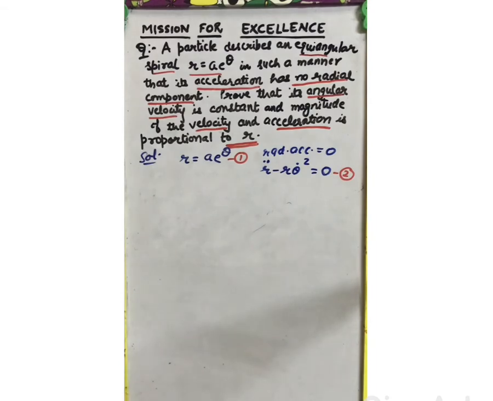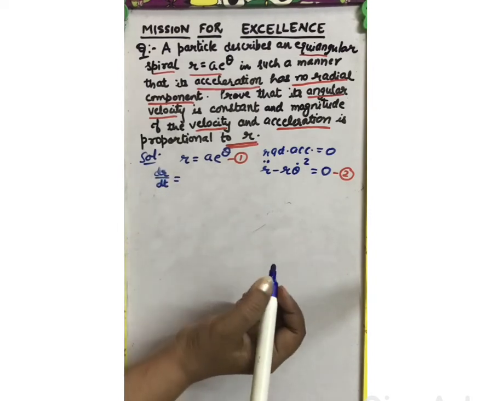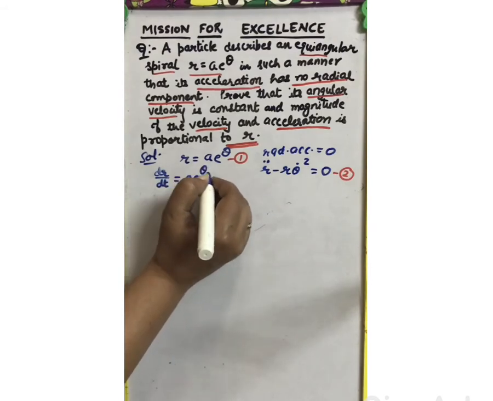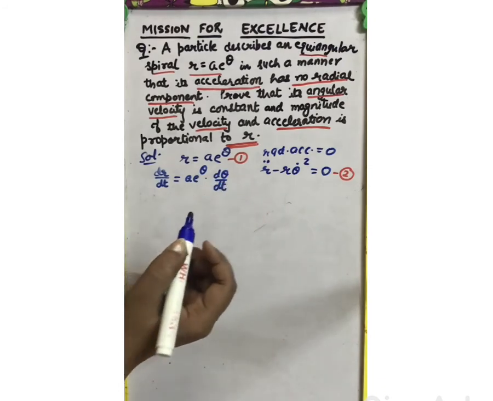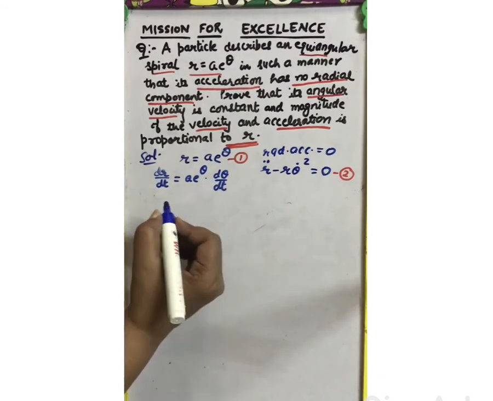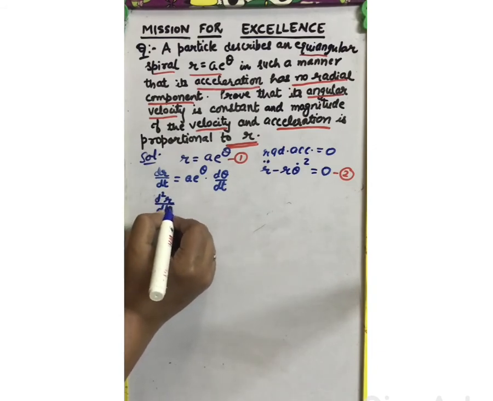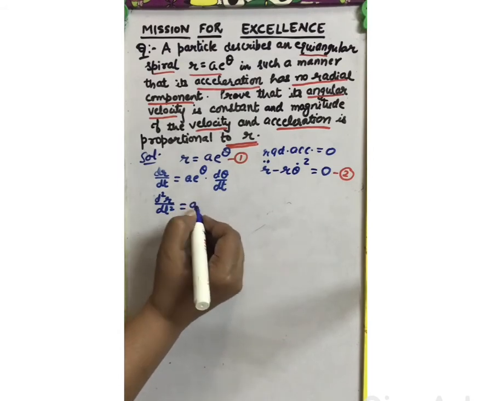So now this r equal to a e raised to power theta, let us differentiate dr by dt. Differentiate it with respect to t. So we get a e raised to power theta into d theta by dt. Again differentiate to get the acceleration. So d2r by dt square. Now here we have two functions, so we apply product rule.